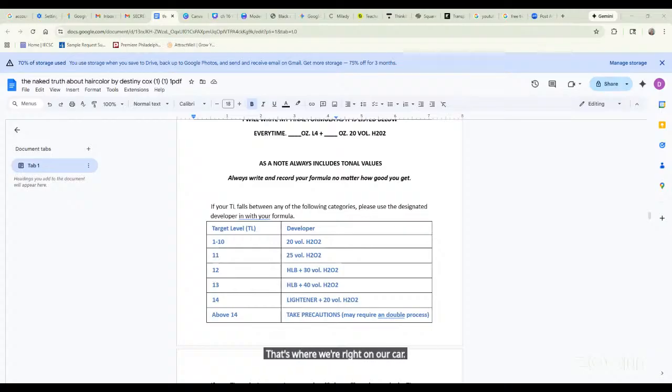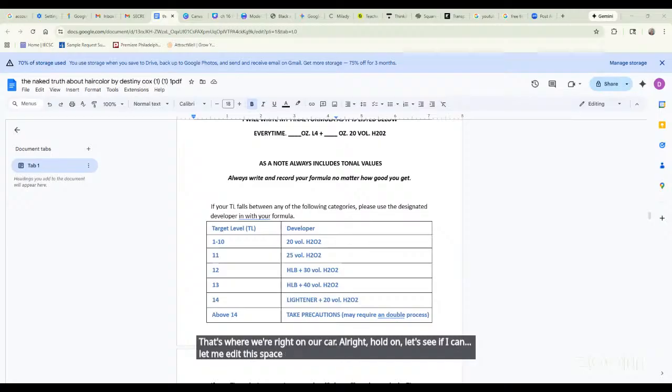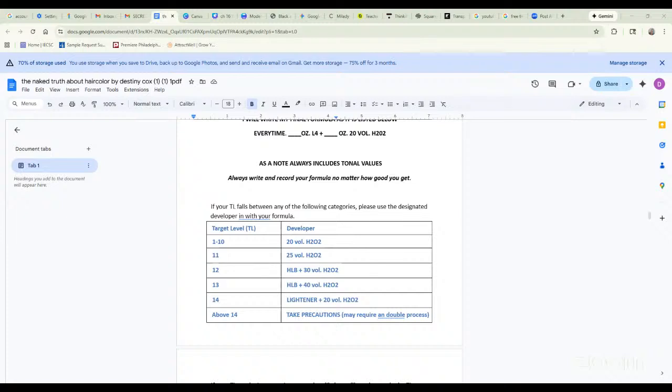Let me edit this, space this out a little bit so you can see it. 2 ounces.